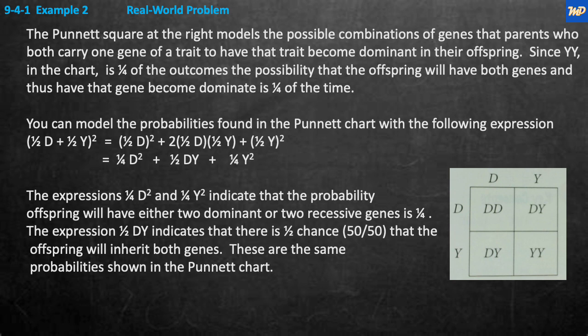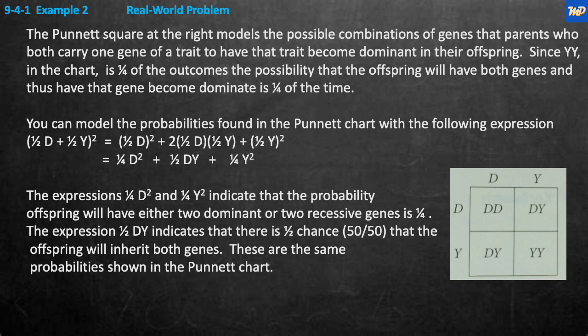It says the Punnett square at the right models the possible combinations of genes that parents who both carry one gene of a trait have, for that trait to become dominant in their offspring. Okay, hopefully in science or biology you've talked a little bit about genes, gene therapy, or the understanding of how genes work in our cells.